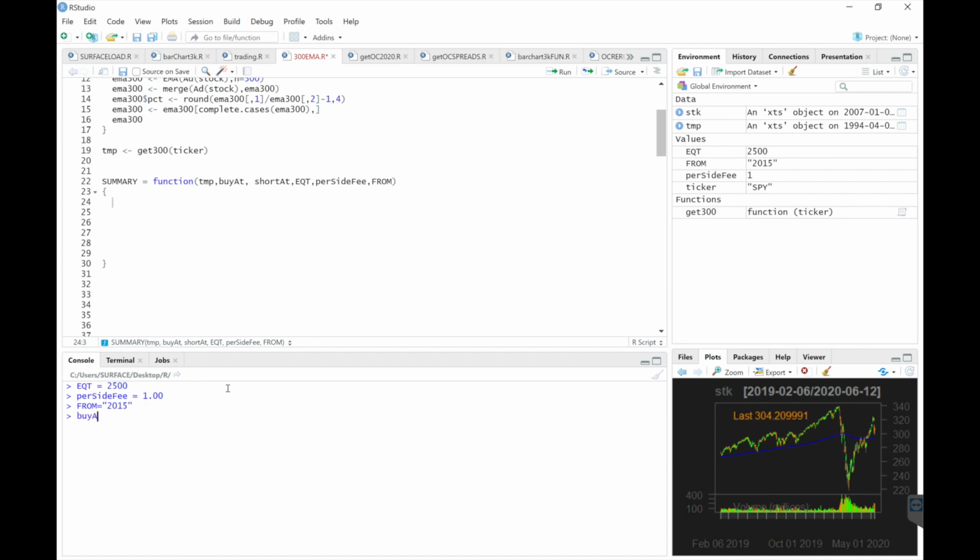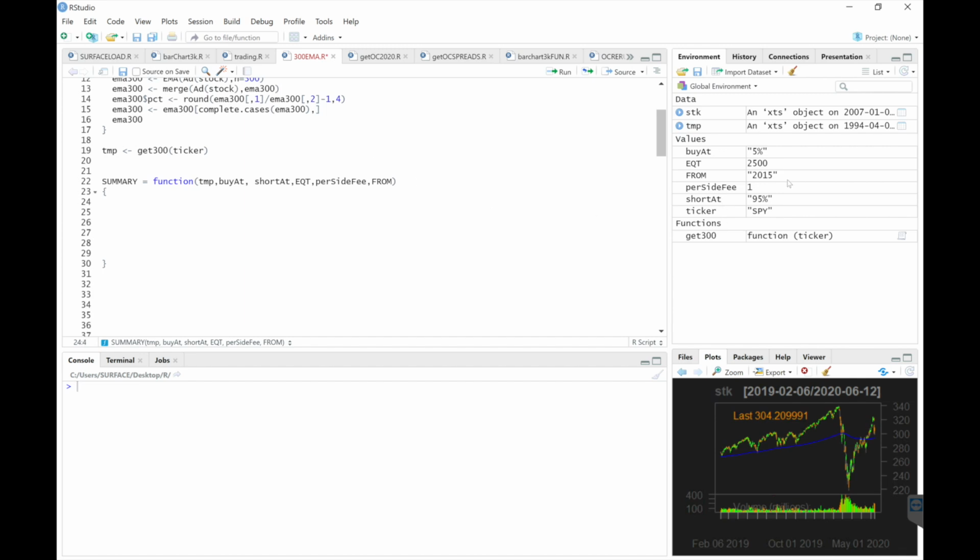For the buying point, I'll place that as 5%. I'll explain what that means after we calculate the quantiles. And then short at 95%.